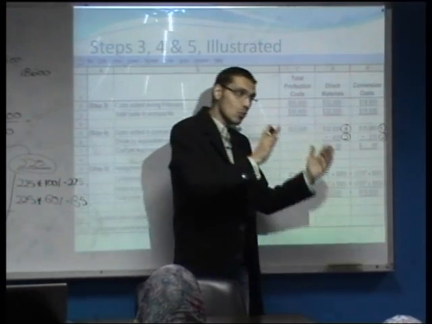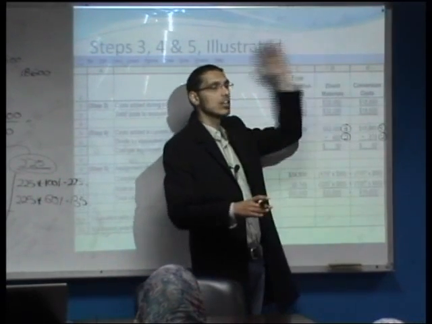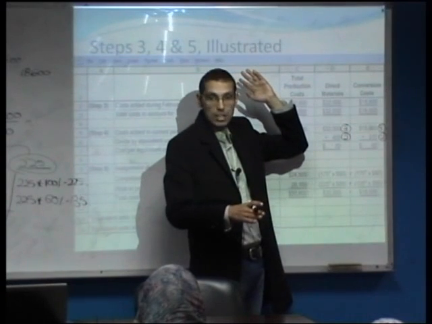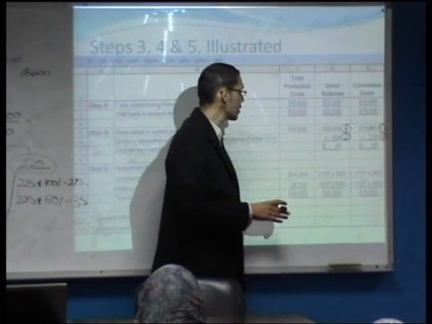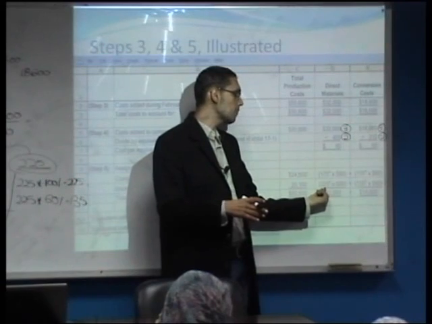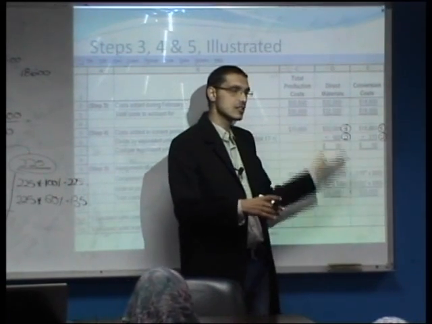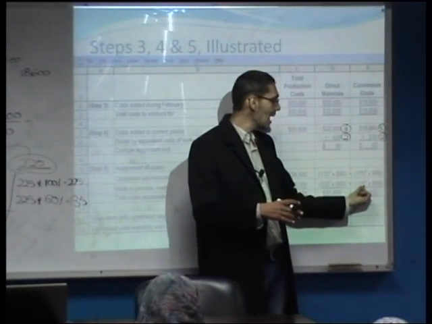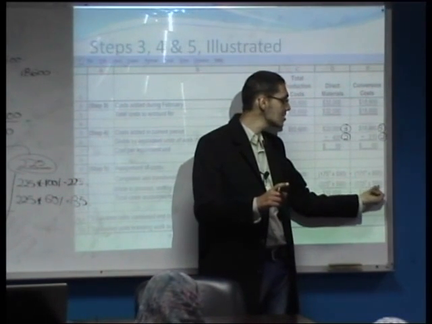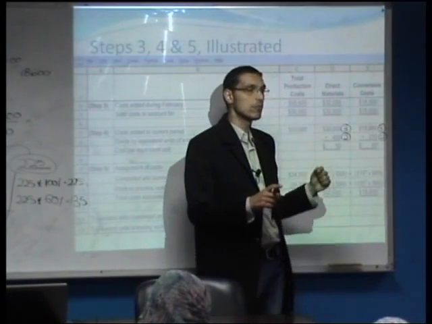We are going to use the equivalent units, because all the calculations in the previous steps were according to the equivalent units. Therefore, 225 equivalent units multiplied by 80, which is the cost of direct materials, and 135 multiplied by $60, which is the cost of conversion costs.